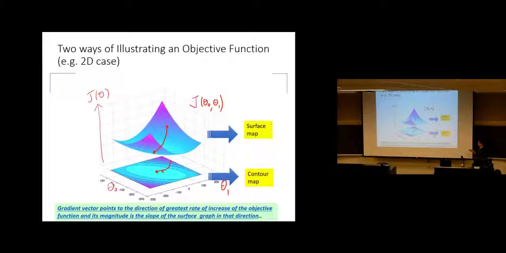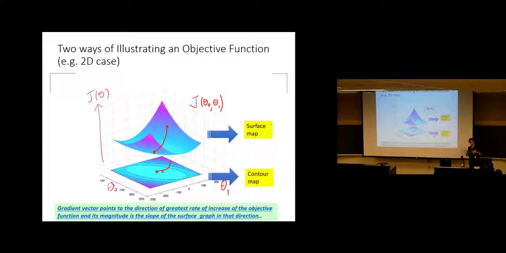But there's the other way people always show you, called the contour map. In the contour map, you actually don't have the J(theta) axis. The value of J(theta) of that objective function is represented as colors. The darker the color, the larger the value. What you really see is only this.